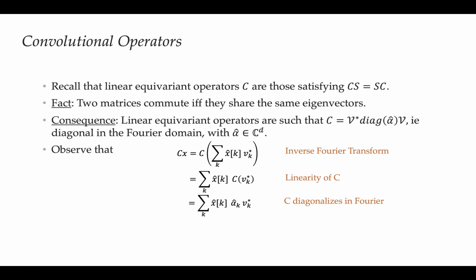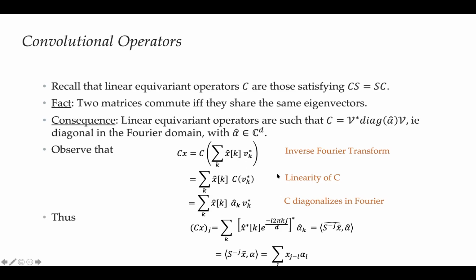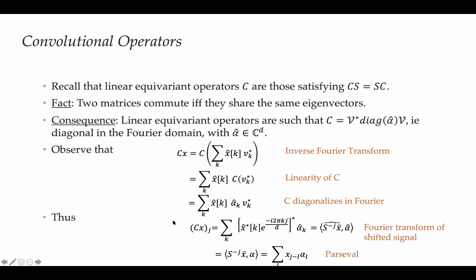And now I can look at what happens in coordinates, right? So I can evaluate this vector at coordinate j. And so again, I can obtain a very nice characterization. And the main tool, which I'm putting here on the right-hand side, is the tool behind every inequality, right? But as you can see, this is really showing you a tiny fraction of the power of Fourier transforms.